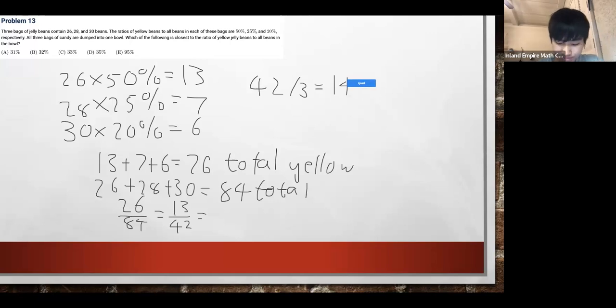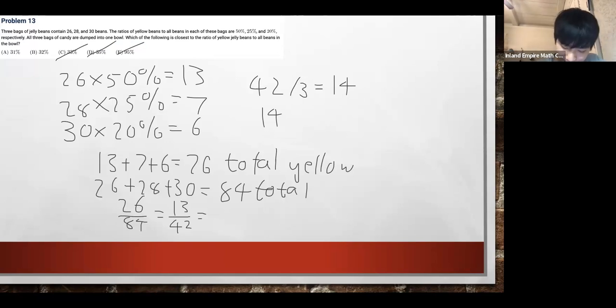So if it was 14 out of 42, the ratio would be 33%. However, because there's a bit less, we know that it is not C, D, or E. And in order to figure out how much less, we can look at the difference between 14 and 13, which is a difference of 1, right?